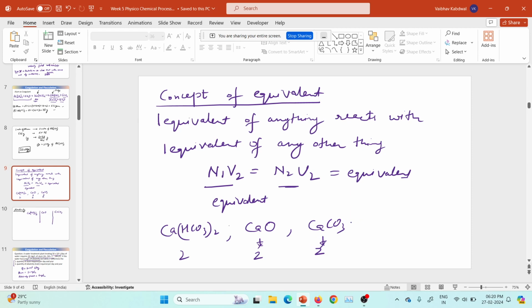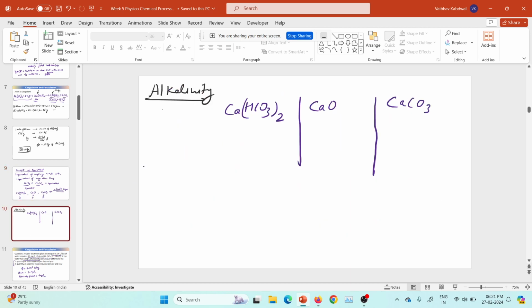So here in all three cases we can write their 1 mole is equal to 2 equivalents, correct? 1 mole is equal to 2 equivalents because their combining capacity or valency is 2 in all three cases, correct?